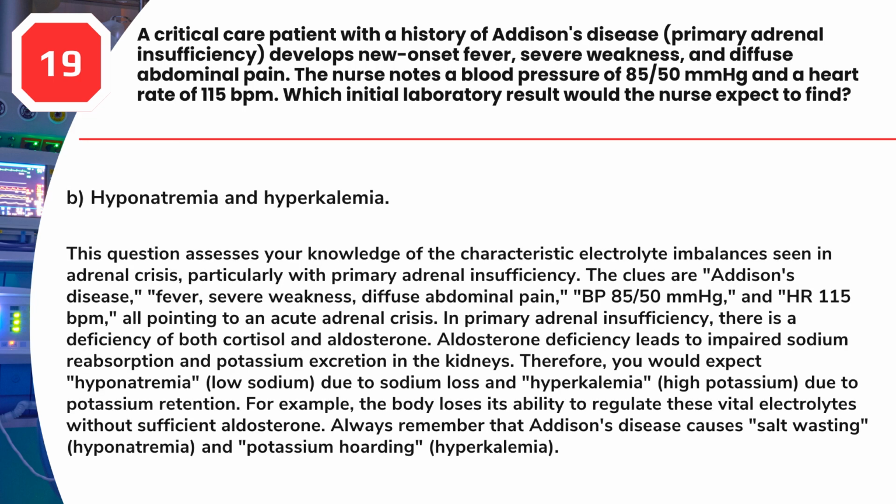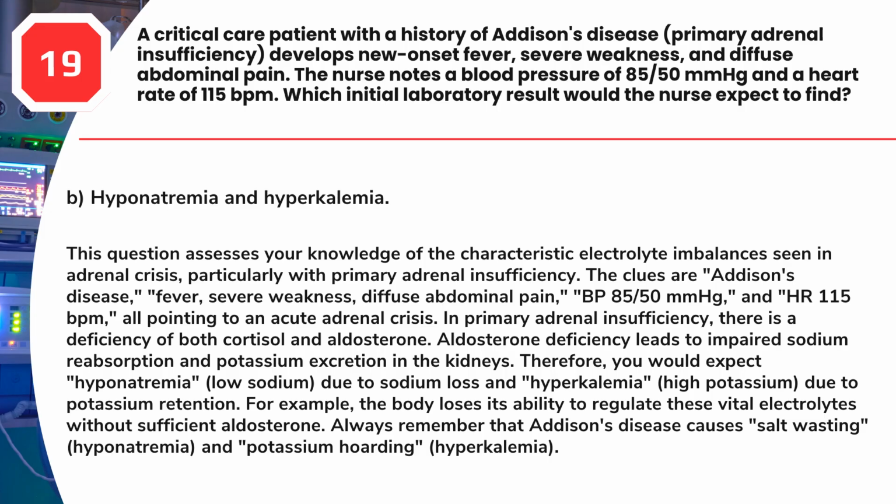Answer: B. Hyponatremia and hyperkalemia. This question assesses your knowledge of the characteristic electrolyte imbalances seen in adrenal crisis, particularly with primary adrenal insufficiency. The clues are Addison's disease, fever, severe weakness, diffuse abdominal pain, BP 85/50 mmHg, and HR 115 bpm, all pointing to an acute adrenal crisis. In primary adrenal insufficiency, there is a deficiency of both cortisol and aldosterone.